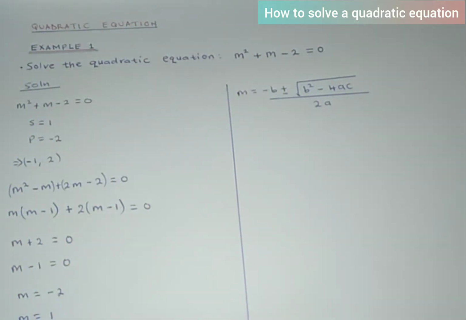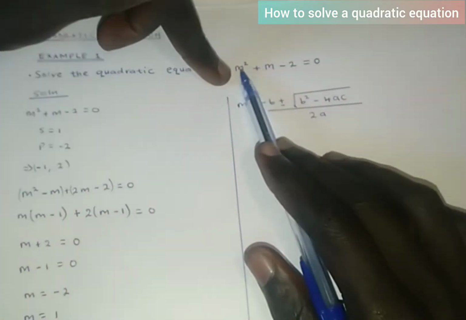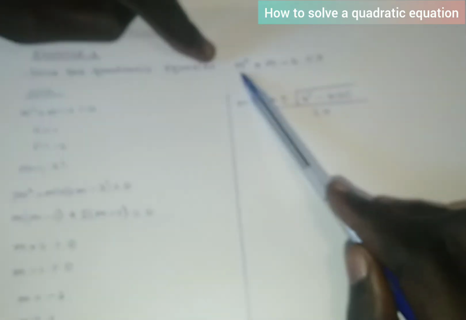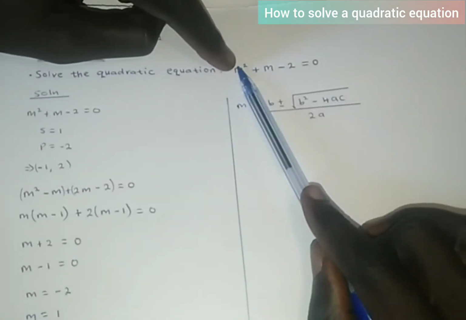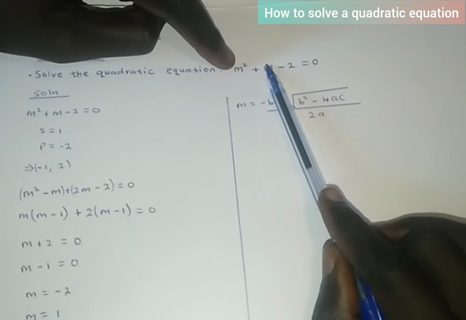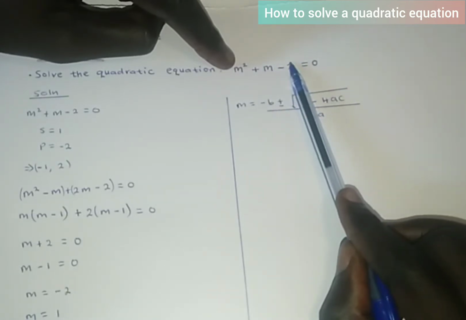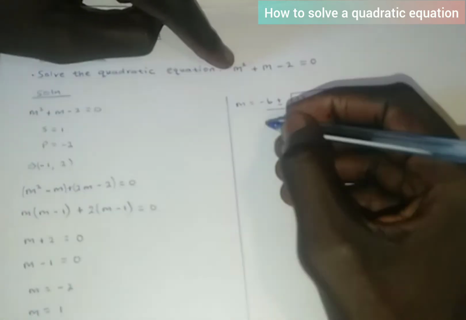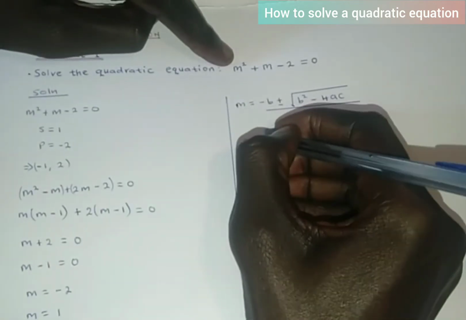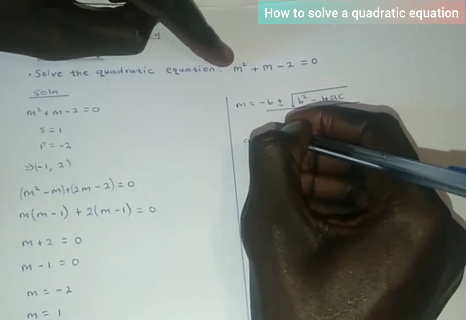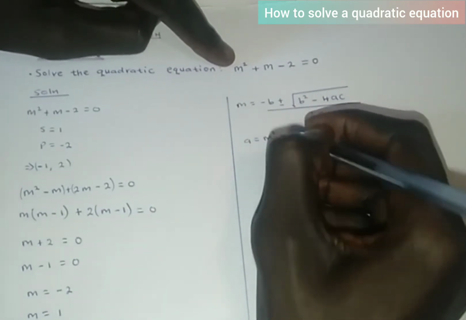So in our case, looking at this equation, the first value is our a, the second value is b, and the third value is c. Let me rewrite them here. We have said that a is the coefficient of m squared, which is 1.